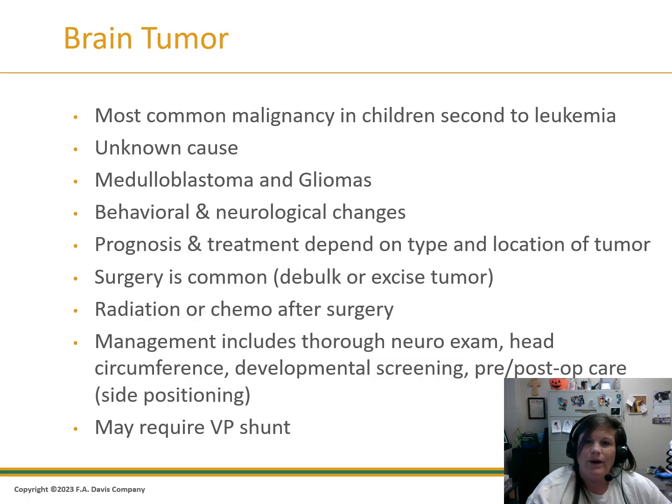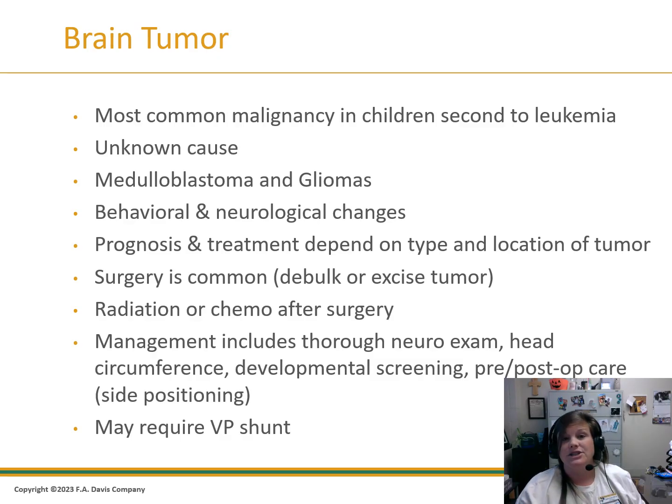And the way in which we want to continue to monitor them, especially in the post-op period for a brain tumor, is that we would expect there to still be the potential for changes in their neurological status. They may require a shunt for this, a VP shunt that's placed to help remove any fluid accumulation and minimize the likelihood of increased ICP. So then we have to provide shunt care.